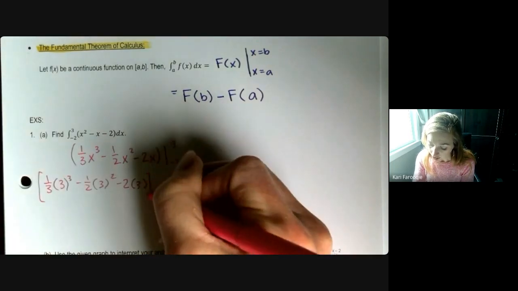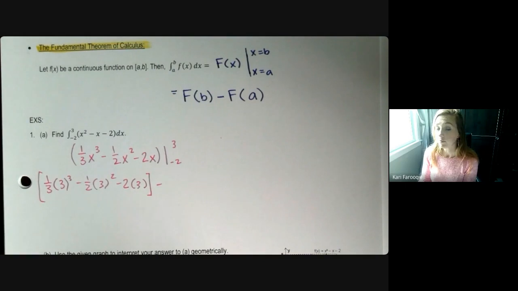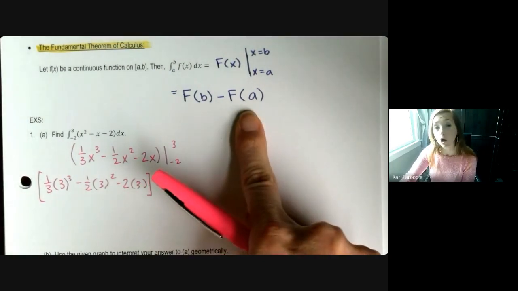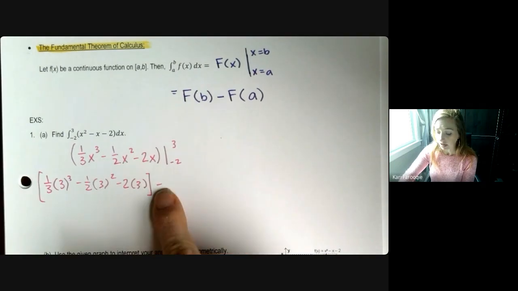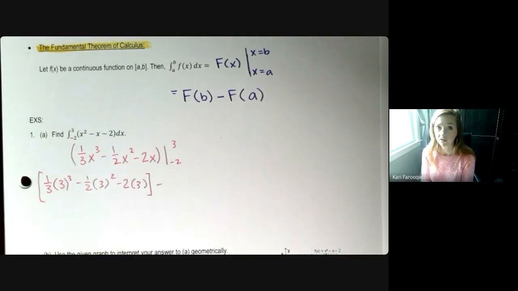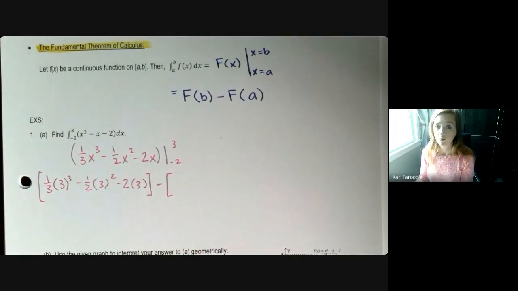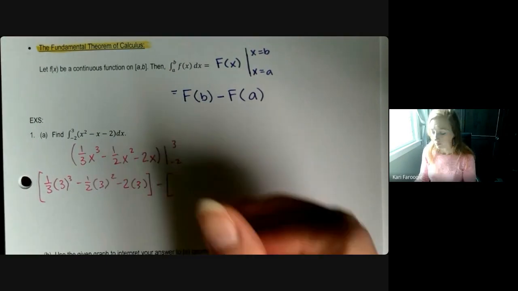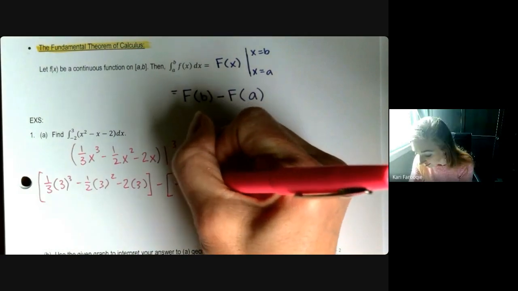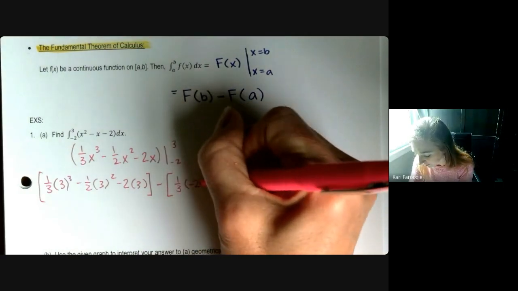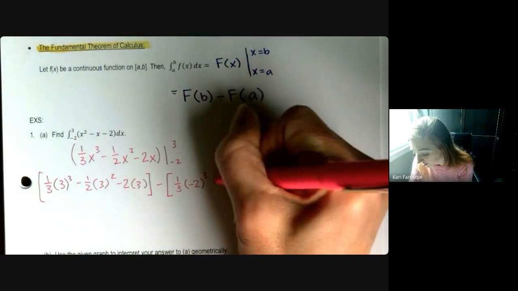And I make brackets my best friend here because I need to make sure that when I subtract off the lower limit, that I'm taking off every single term using subtraction. This is one of the things that students will mess up most often because they're careless with distributing their negative signs. So let's be super careful here. And there are a lot of negative signs to deal with in this one because the lower limit's negative.